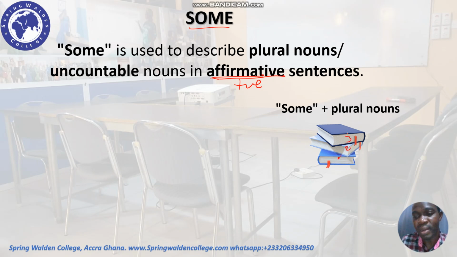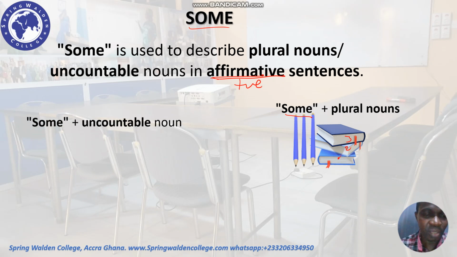I can say there are 3 books on the table, but I don't want to use a specific number, so I use some in the positive sentence. Okay, then you have 3 pencils also, so we can say there are some pencils on the table, or there are some books on the table.